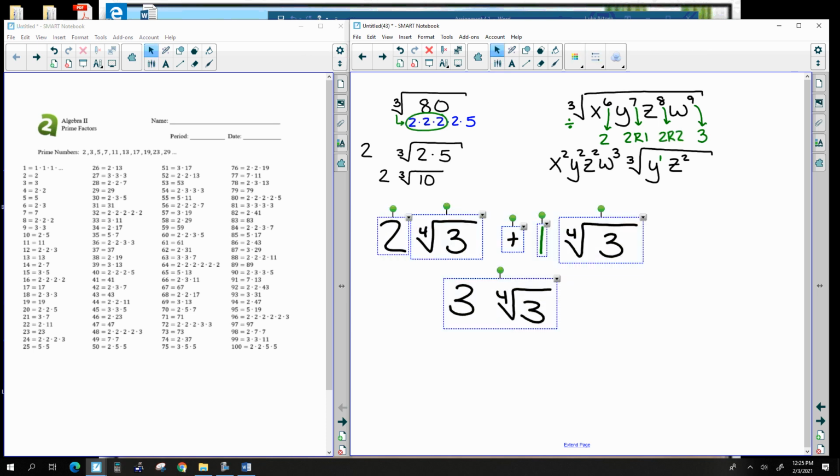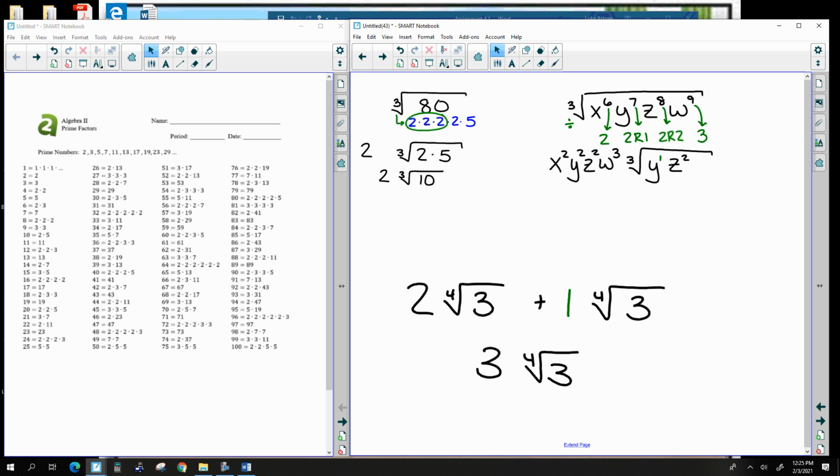Now, a lot of times, they don't just blatantly tell you this is a fourth root of 3. So you might see something like the fourth root of 249. Let's put a number on that. Say I have the number 249.